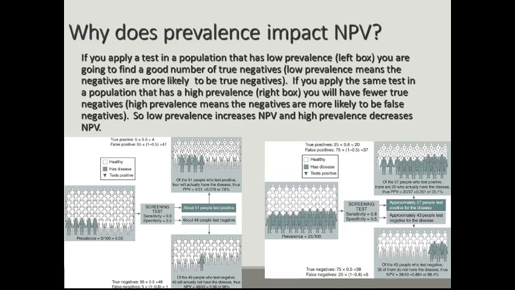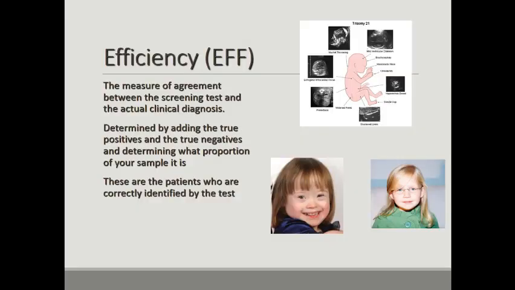If you apply the same test to a population that has a high prevalence, which is our right box, you will have fewer true negatives, because high prevalence means the negatives are more likely to be false negatives. Low prevalence increases negative predictive value. High prevalence decreases negative predictive value. Prevalence and negative predictive value move in opposite directions.